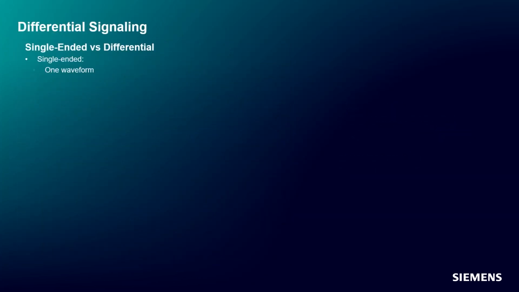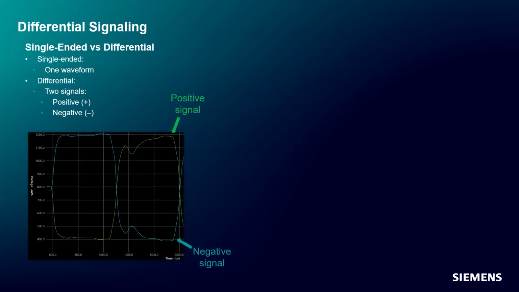So far, we've discussed signals as if they were single-ended, meaning a single waveform. But in almost all high-speed SerDes systems, signals are transmitted using differential signaling. Instead of sending one signal, we send two, a positive signal and a negative signal.